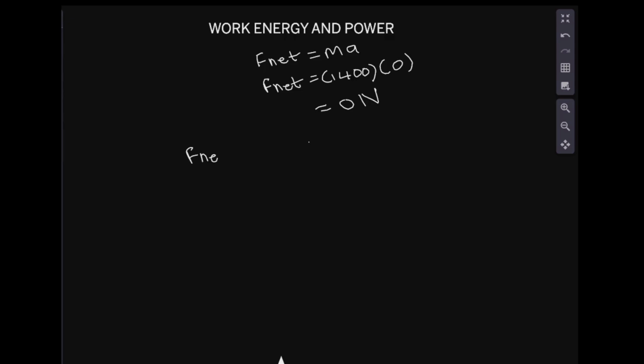F net will equal force applied minus frictional force minus F parallel, because the car is moving up. So F parallel will be working against the car because of the weight of the car. Remember, gravity will work against you when you are moving up.